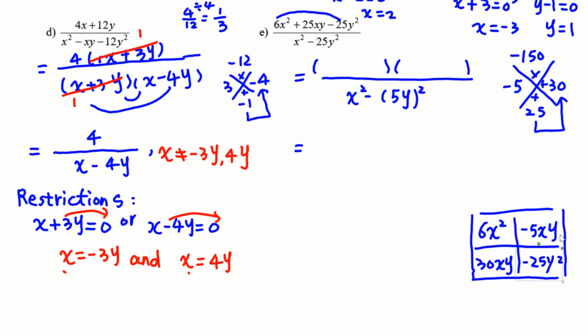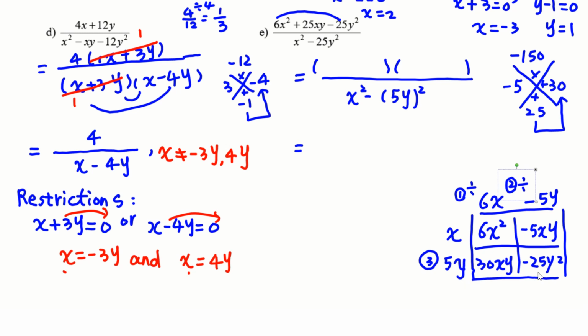Then we factor the first row, the common factor will be x. Then we do 3 divisions. 6x squared divided by x, we have 6x. Negative 5xy divided by x, we have negative 5y. Then third step, the cell 30xy divided by 6x gives you 5y.